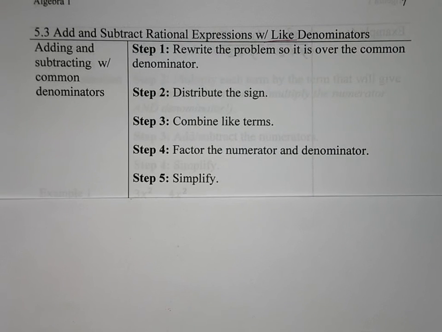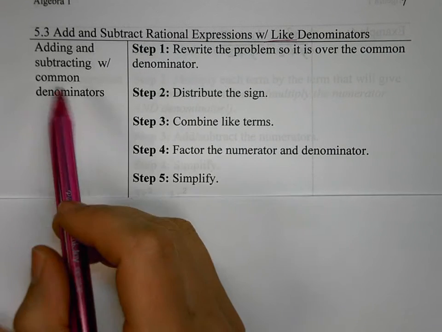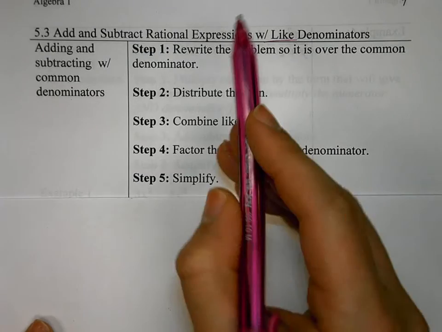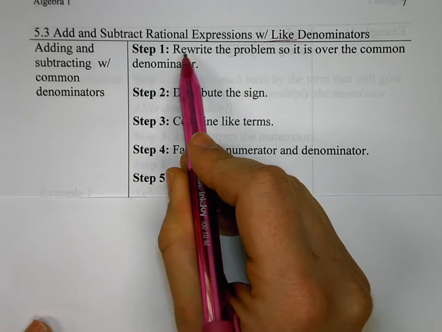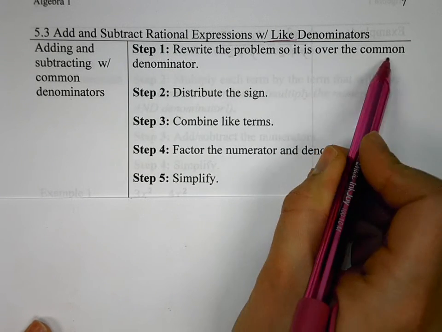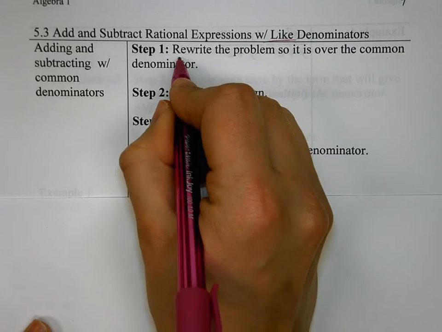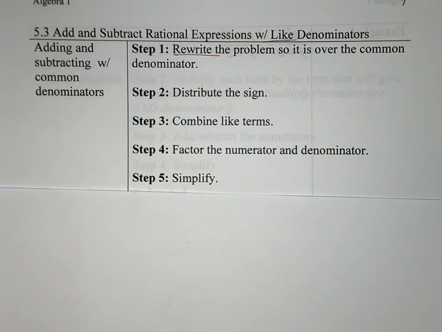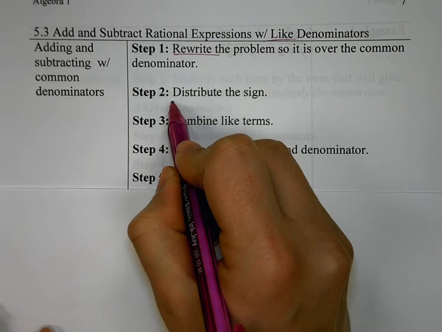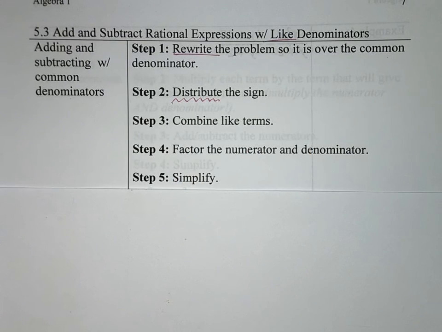So what are my steps to adding and subtracting with like or common denominators? First, we want to rewrite the problem so that it is over the common denominator. We want to distribute the sign, meaning the addition or subtraction.